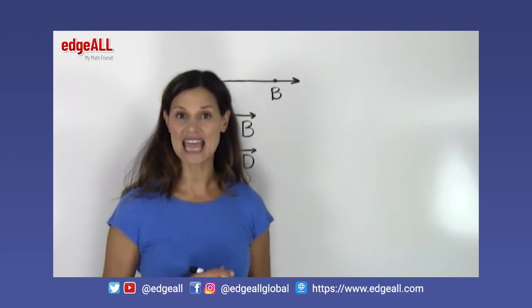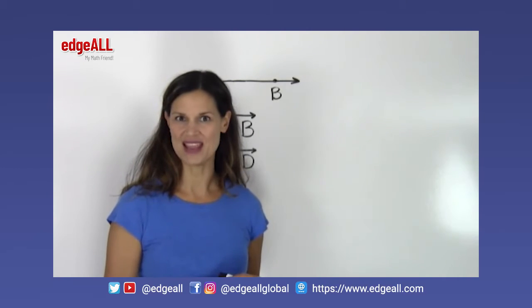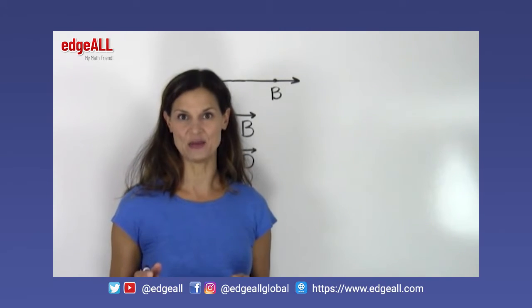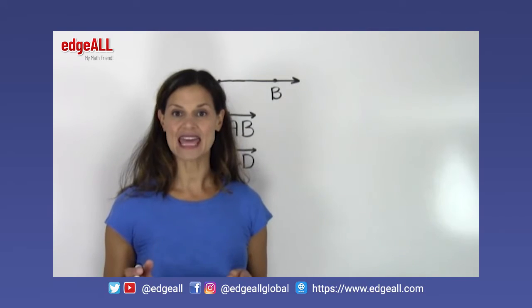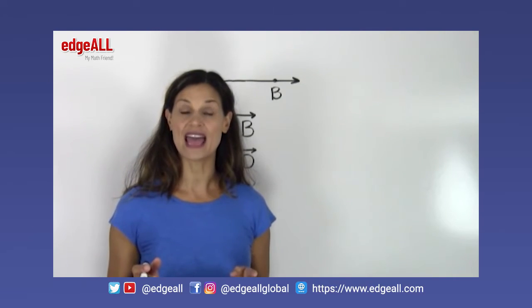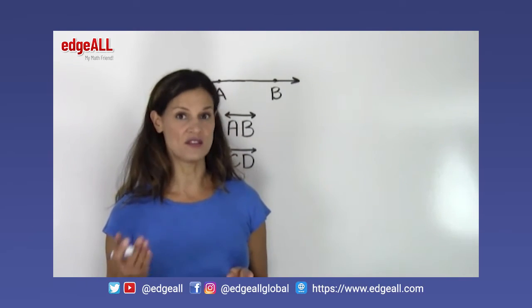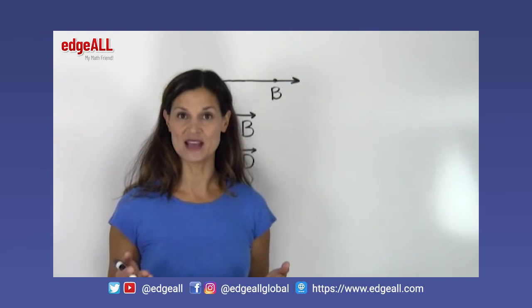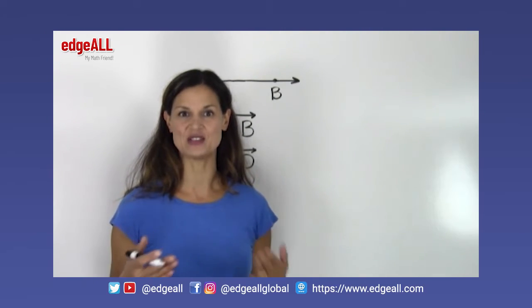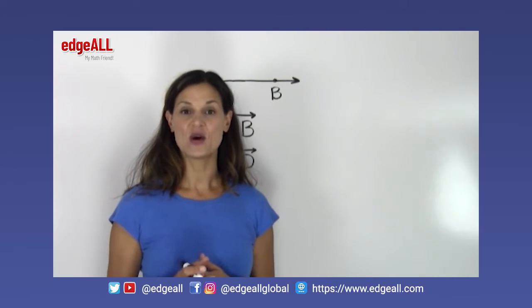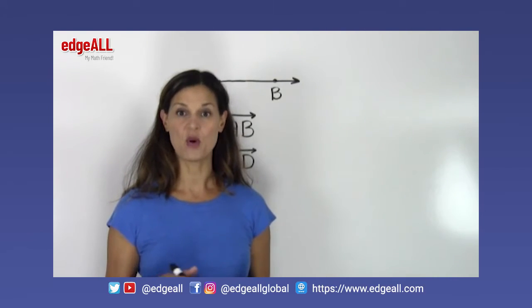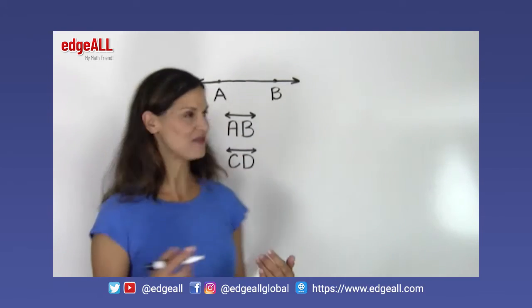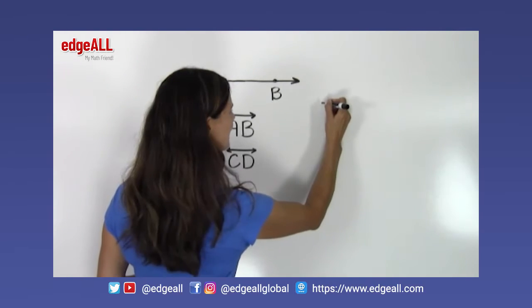A line segment begins at one point and ends at another point. Its length is defined by the distance from the first point to the second point, or the distance between the 2 points. So a line segment from point A to point B, for example, would look like this.